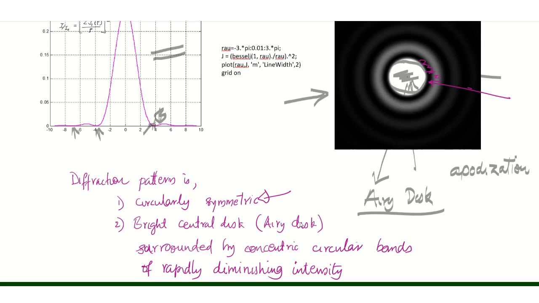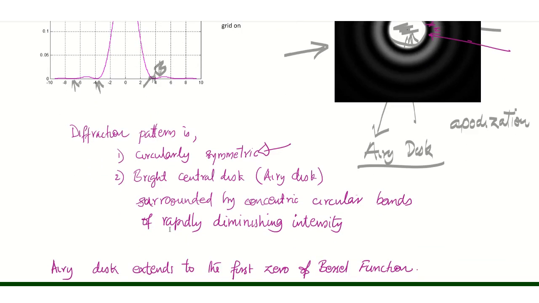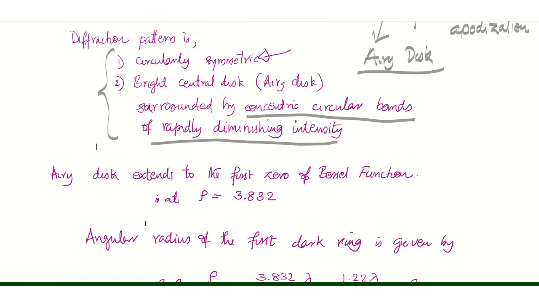But remember, for a circular aperture, what you get is an Airy disk surrounded by secondary maxima, surrounded by concentric circular bands of rapidly diminishing intensity. These are the two important properties of the diffraction pattern from a circular aperture.